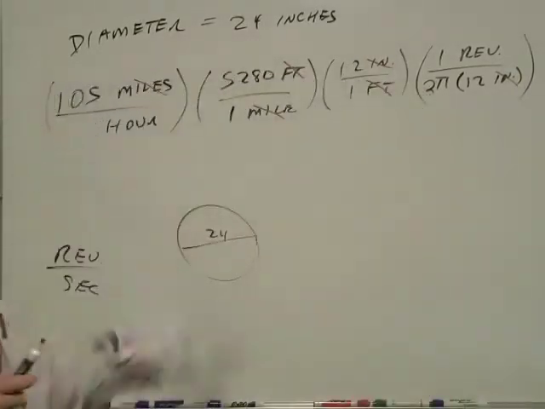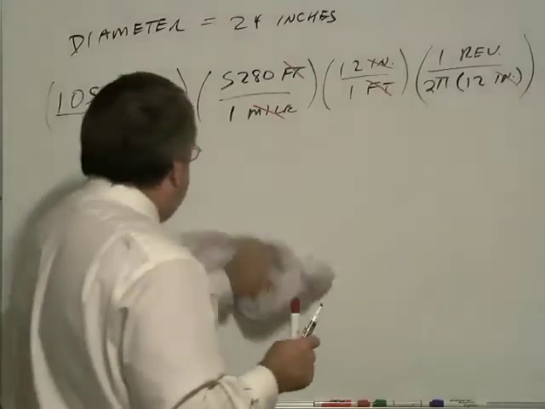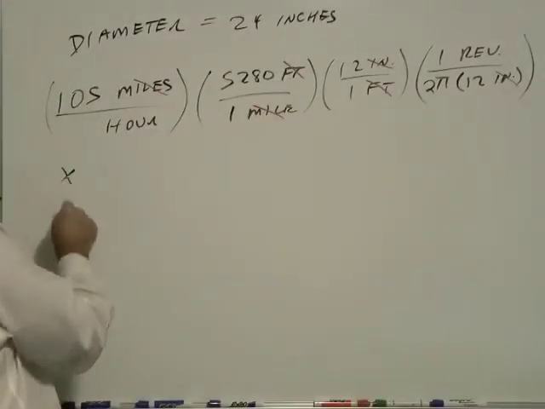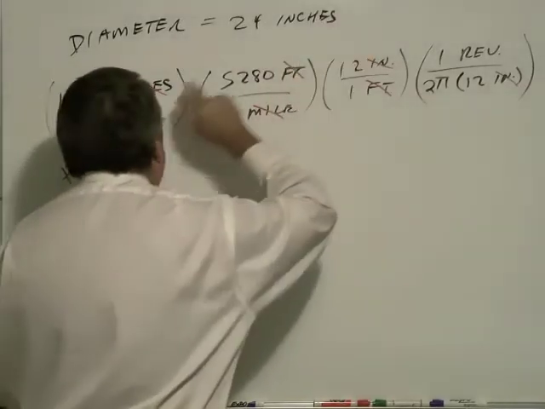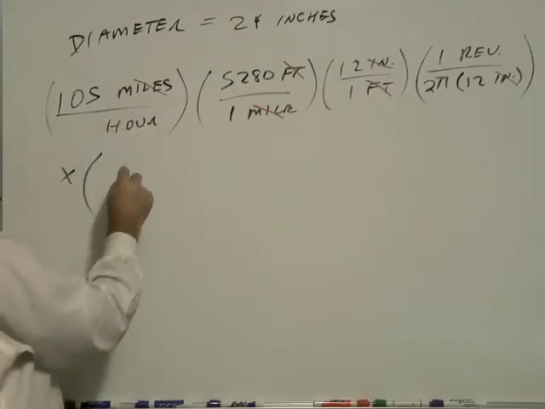So this is the hazard of working on my little board here. I don't have a lot of board space. So times, and what do I need? I wanted revolutions per second, and I have revolutions per hour. So I need to cancel hours.